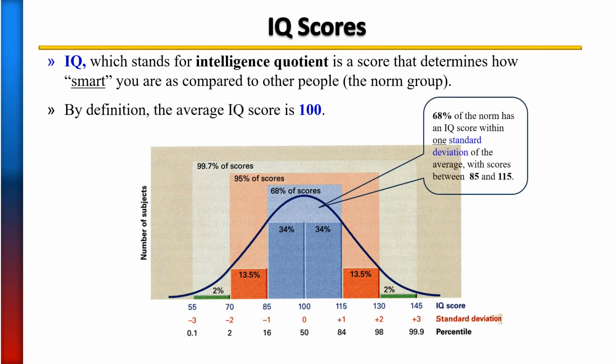Now, 68% of the norm have an IQ score within 1 standard deviation of the average. In other words, most people will have a score within that range of either 1 standard deviation below or 1 standard deviation above the norm. So these scores are between 85 and 115.